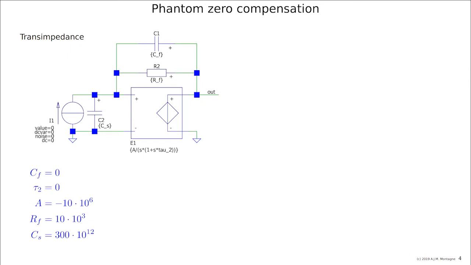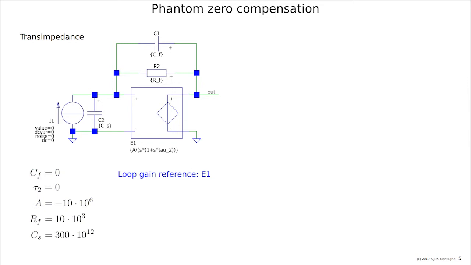We take some gain in the controller of 10 meg, and we have some values for RF and CS for the feedback resistance and the source capacitance. The loop gain reference for evaluating the loop gain is the voltage controlled voltage source.